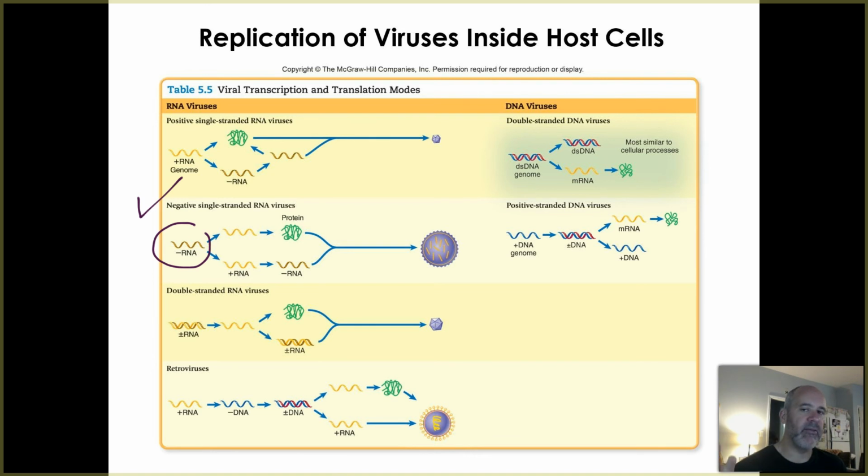So viruses that have negative strand RNA genomes, when their genomes go inside the host cell, the cell doesn't immediately recognize those as messenger RNAs. Instead, they have to be converted first to plus strand RNAs. Okay, and the plus strand RNAs, and they're showing you more of them over here, those are going to be the ones that are translated to make proteins.